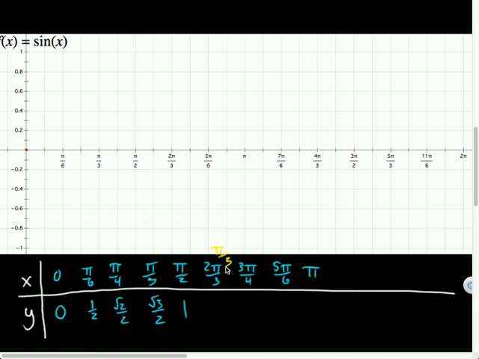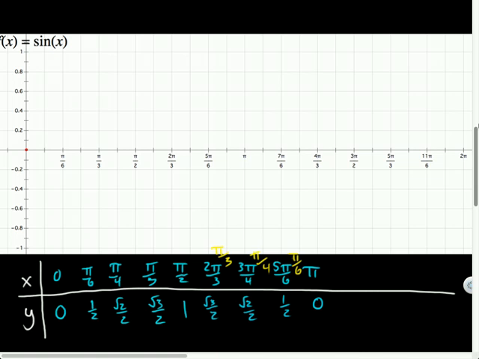The reference angle here would be pi over 4. The reference angle here would be pi over 6. And we already said that those were positive, so it should repeat some of these values. So this will be root 3 over 2. This will be root 2 over 2. And this will be 1/2. And what's sine at pi? Sine is 0, because sine is the y-coordinate on that unit circle as we're going around.